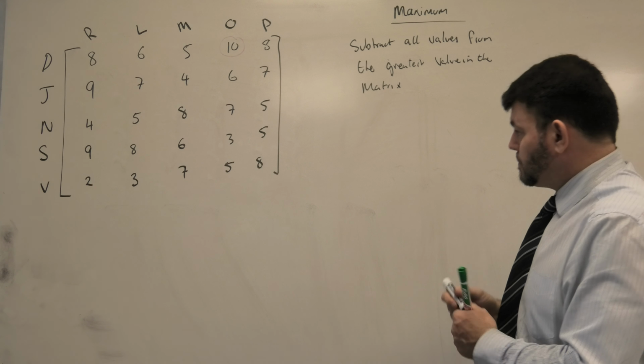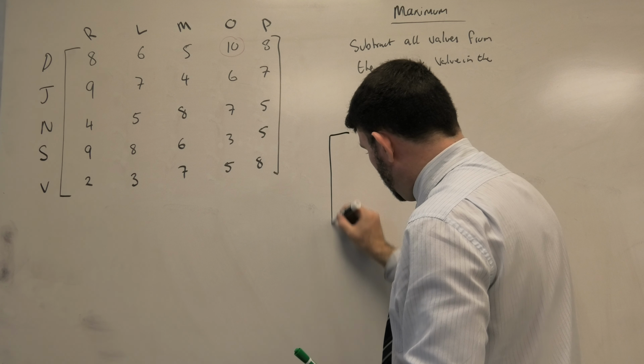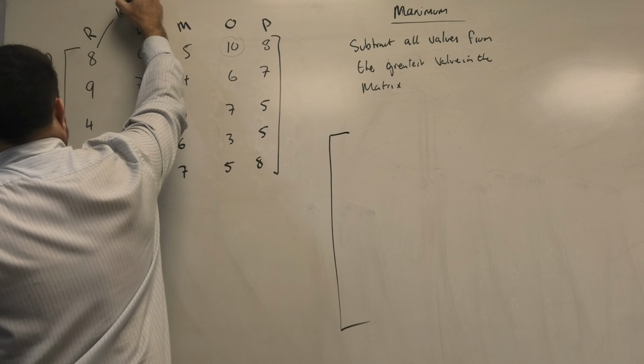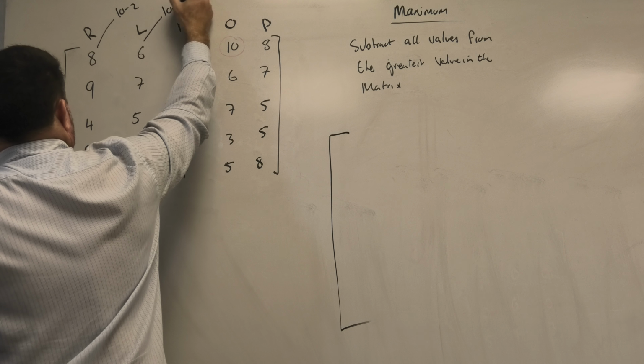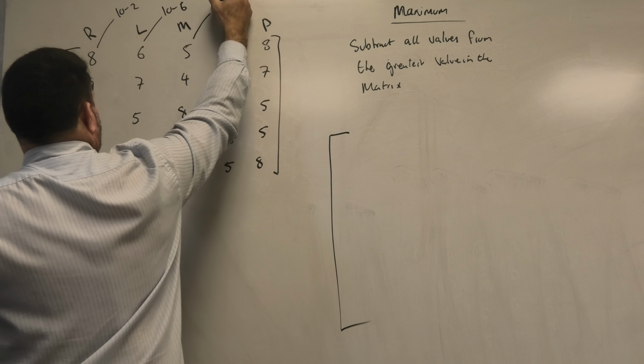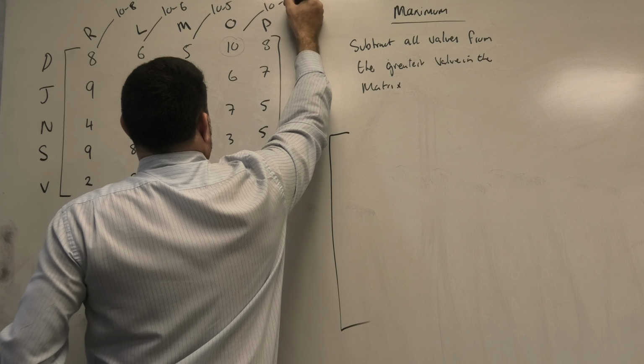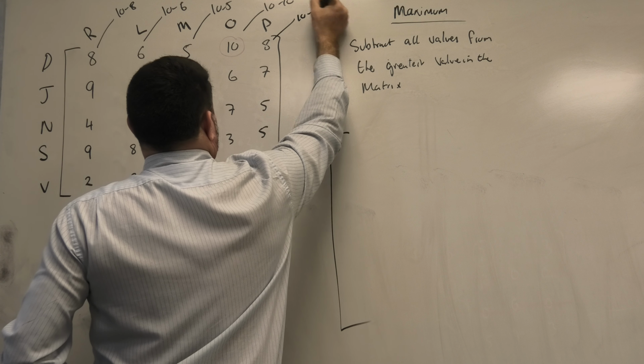So for instance, if we look at this here, what I mean is we're going to say, well, this first one will just be 10 minus 2, 10 minus 6, 10 minus 5, 10 minus 10 and 10 minus 8.